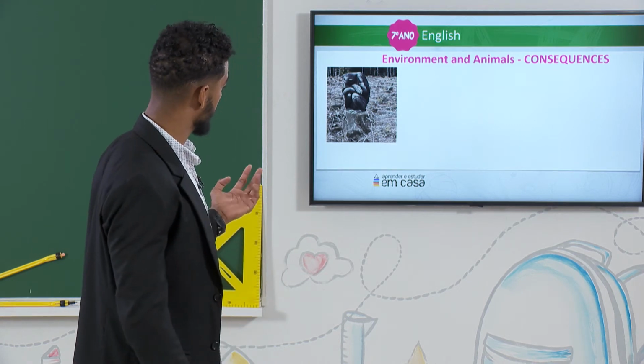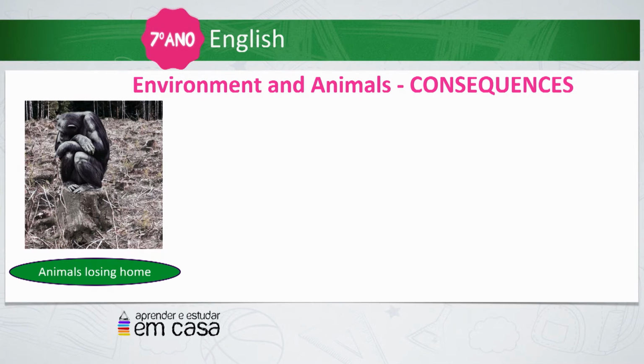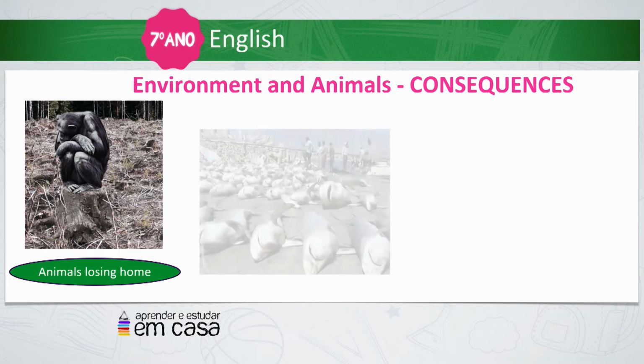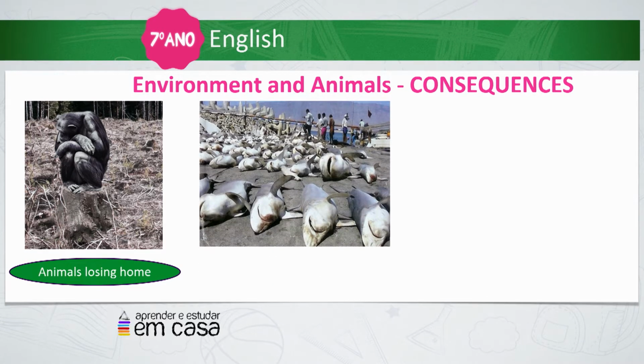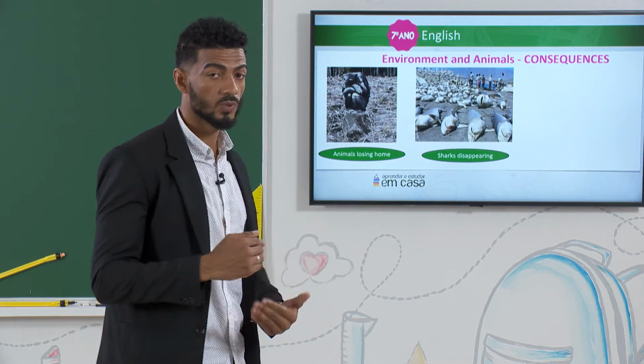The first one we have, what? The one we call animals losing home. What happened? When we cut trees, the animals will lose their home. And then we have another consequence, that is sharks disappearing. What happened? When you overfish, the sharks will disappear.